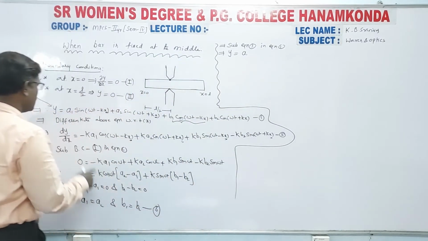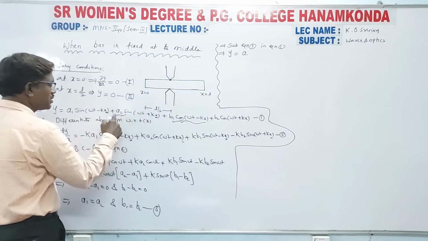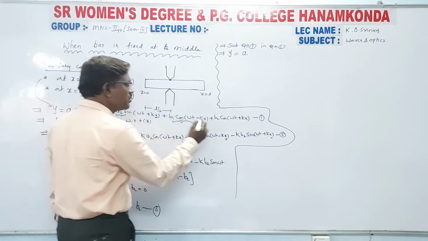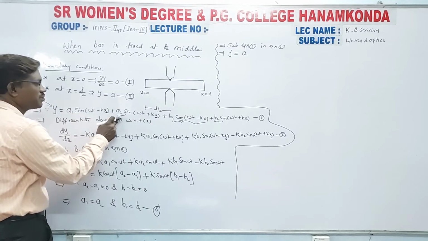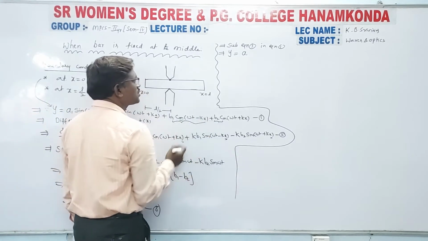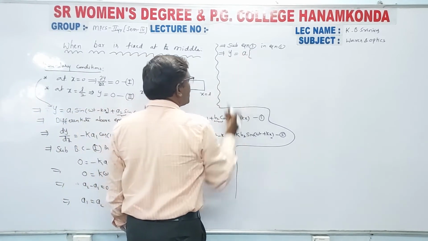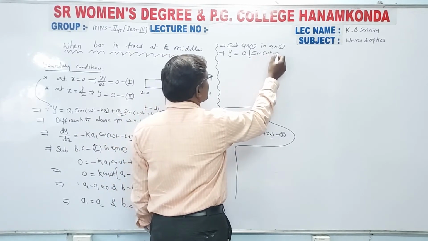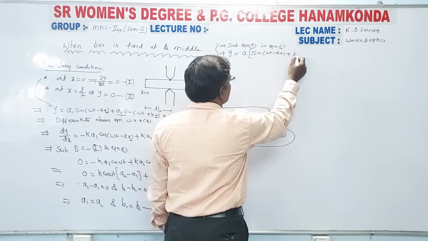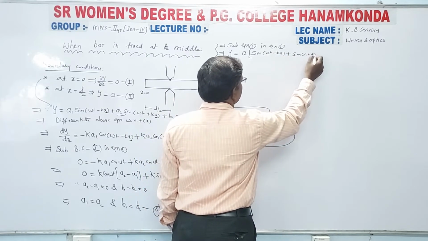So instead of a2 you can replace it with a1, and instead of b2 you can replace it with b1. You can take a1 as common from the first two terms and b1 as common from the last two terms. So finally our equation 1 becomes sin(ωt minus kx) plus sin(ωt plus kx).